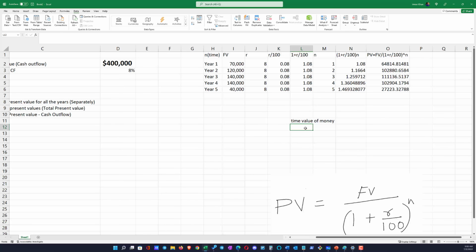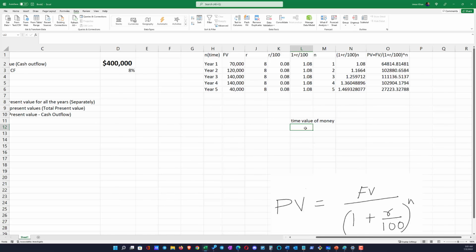The dollar is losing value because of two reasons. One is inflation, and the other reason is time. Whatever amount you have today is worth more than the same amount you're having tomorrow. Let's say you're earning $100,000 per annum in this particular year, right? Now, if you're going to earn $100,000 after 10 years, would it be a big amount or a small amount? That's a small amount compared to today, right?